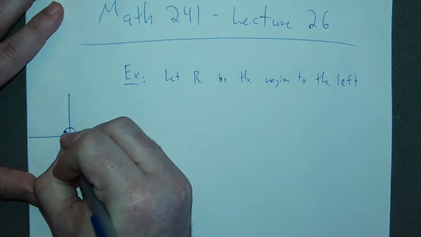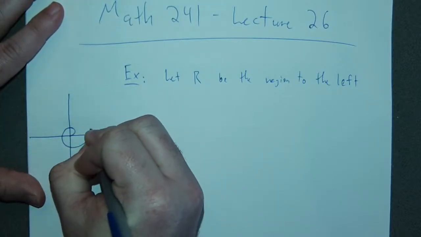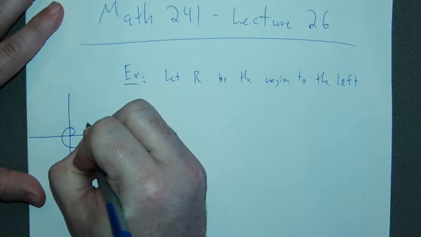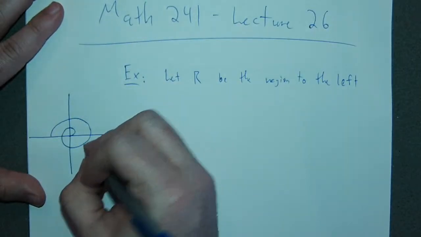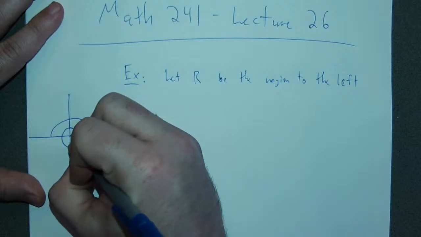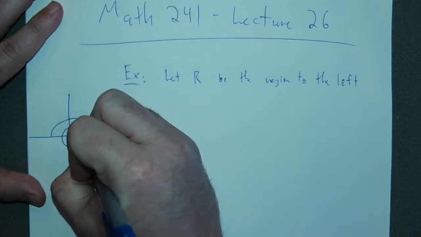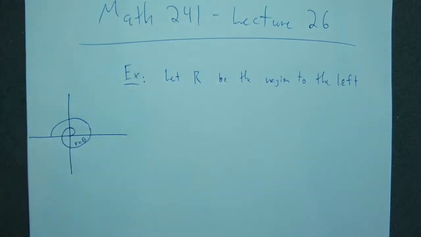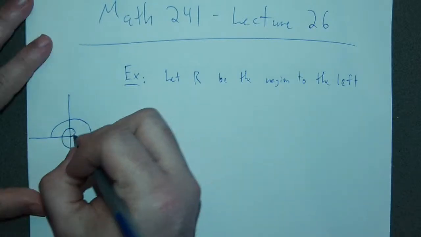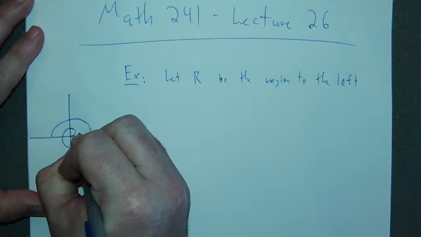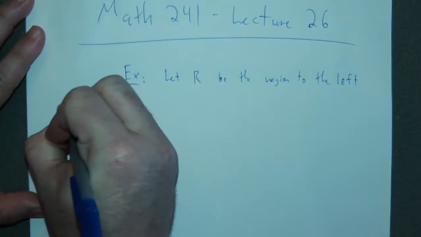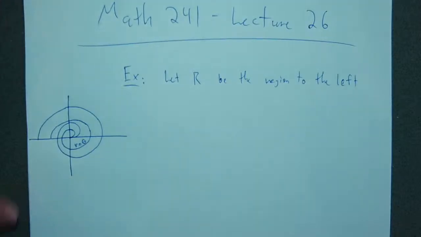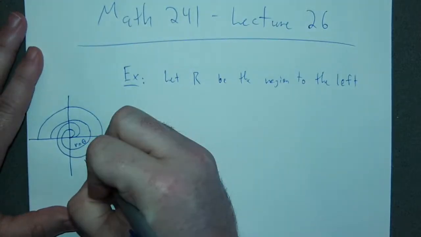Well, I have some inner function. This is the polar function r equals theta. So r equals theta gives me a spiral. r equals 2 theta gives me a spiral that is outside that spiral. So this is r equals 2 theta.